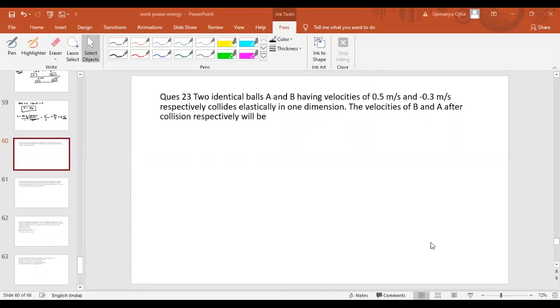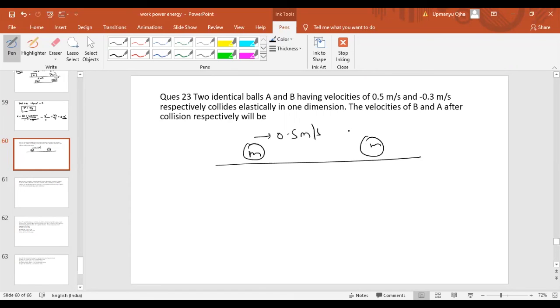We can simply use the concept which I have discussed. When two identical balls of mass m collide, one moving with velocity 0.5 meter per second and the other with 0.3 meter per second, minus meaning we are taking this direction as negative, whenever they collide elastically, the velocities are interchanged.